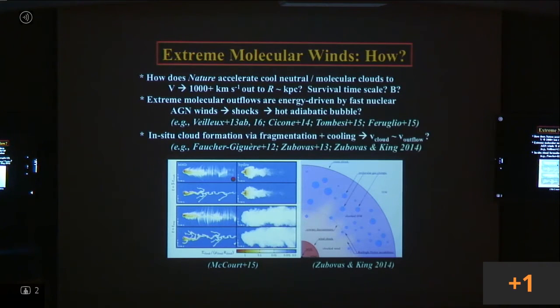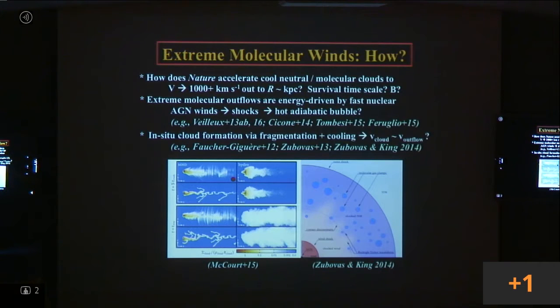It becomes so hot that it doesn't emit very efficiently, and so it becomes an adiabatic hot bubble. So you create a hot bubble near the center of the galaxy that is the piston to drive these molecular outflows. Now the question is, what happens after that?